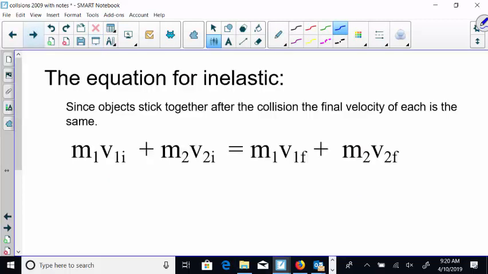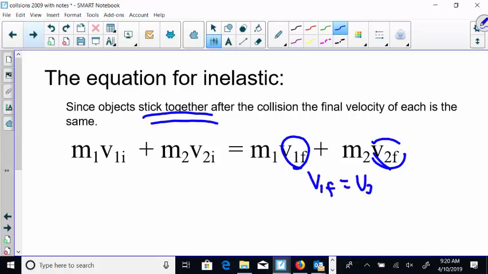So the equation for this inelastic collision: since the objects stick together after the collision, this final velocity and this final velocity are the same. So V1 final equals V2 final. They have the exact same final velocity.